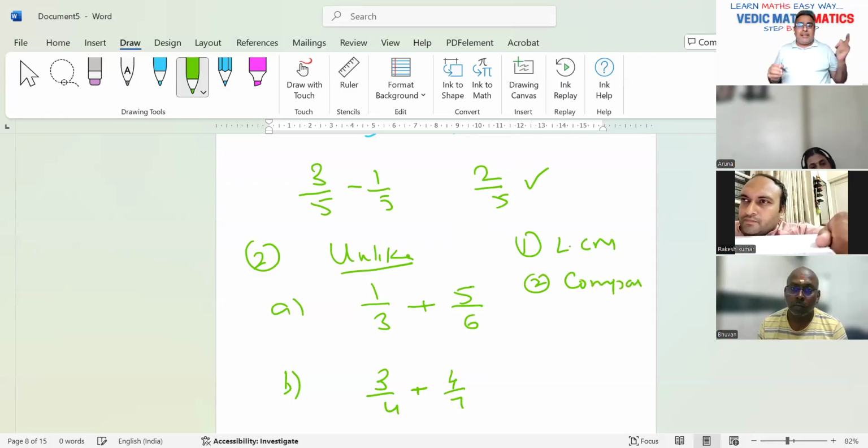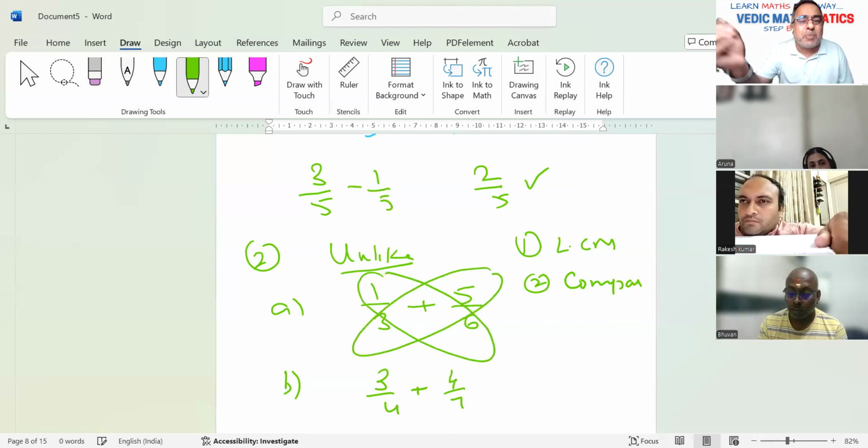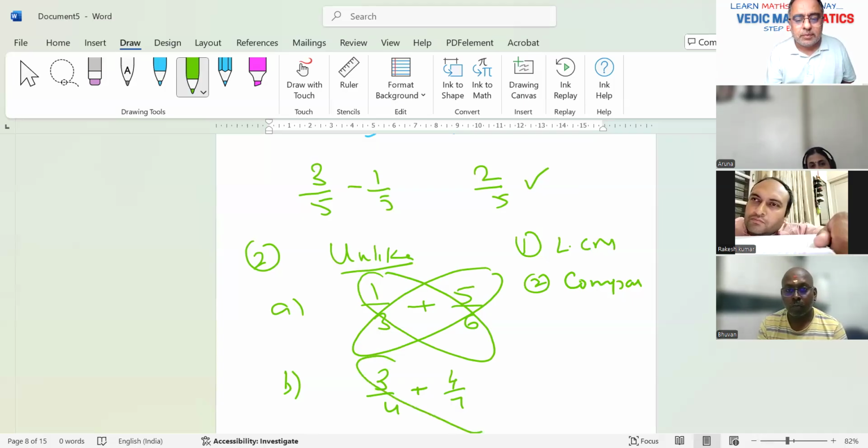Correct. अब LCM किसी ने गलत कर दिया तो all the question is wrong. So instead of this, you could directly go. This is called butterfly method or cross, and denominators multiply. One very easy thing.